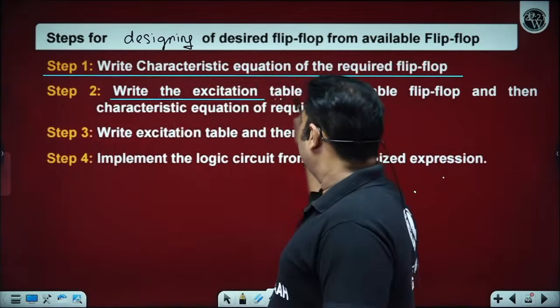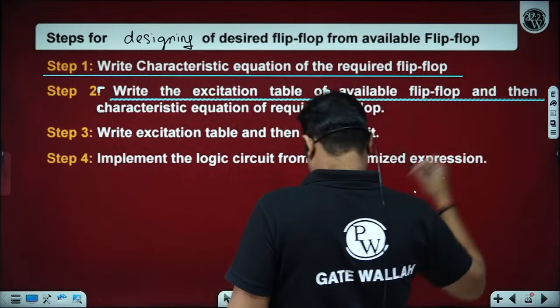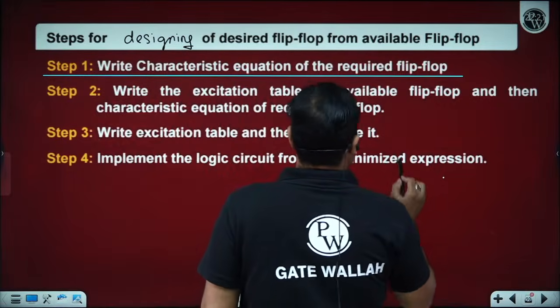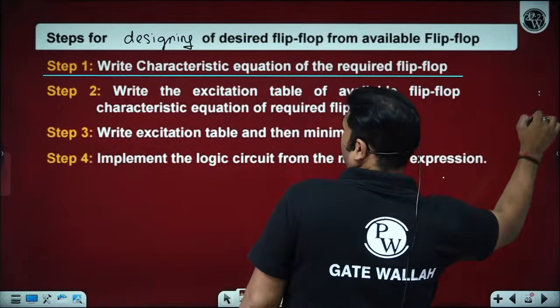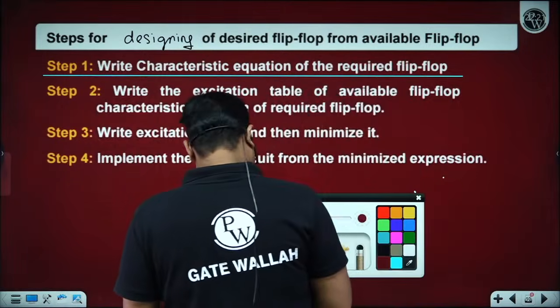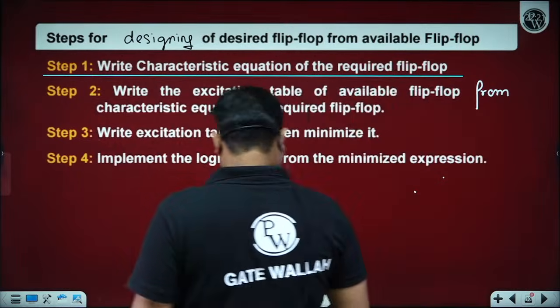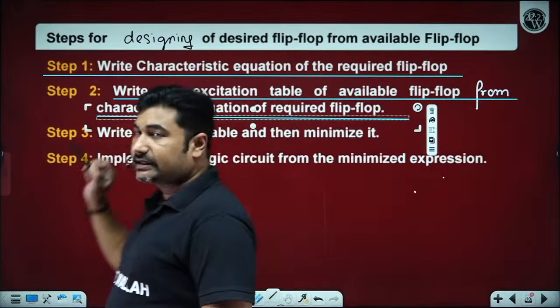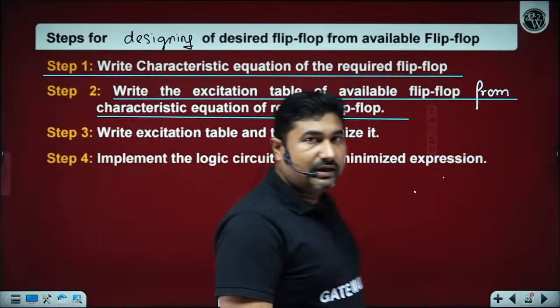Next, write the excitation table of available flip-flop from characteristic table of required flip-flop.